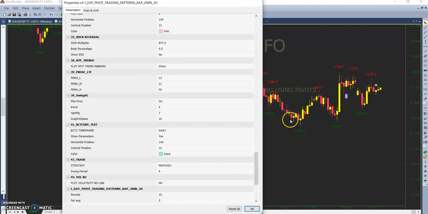So if you want to plot the intermediate or short-term high-low price action, you can actually check this on. You can increase this to 10 so that you can actually get the full numbers. So these are the swing high and swing low points. Usually I prefer keeping it off. The swing high and swing low points are plotted in terms of this small star.